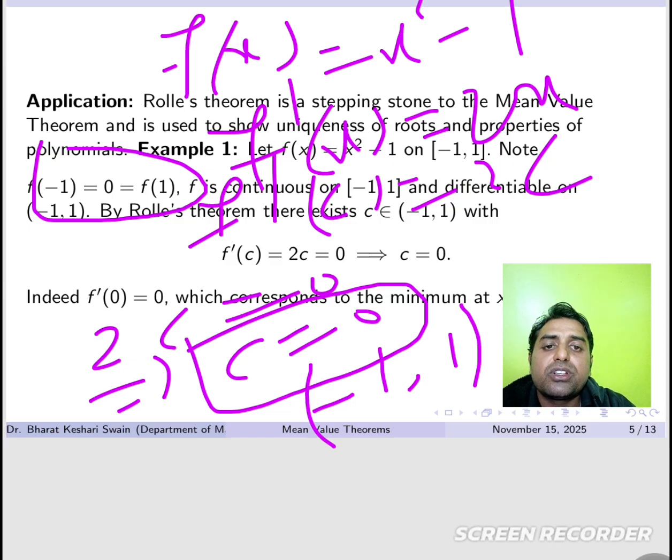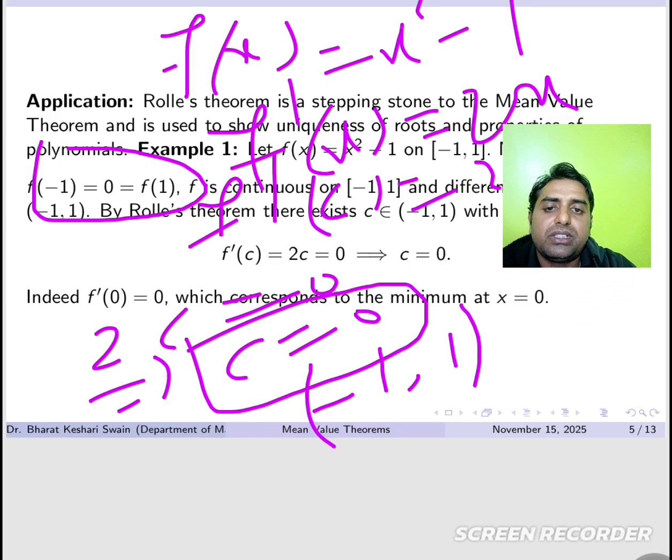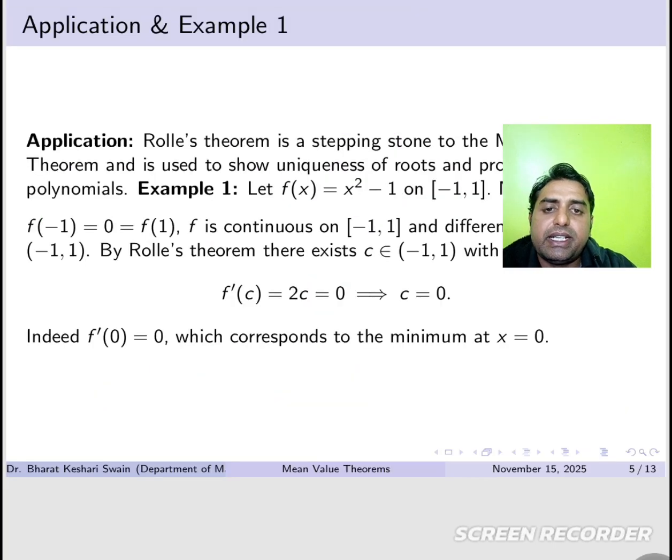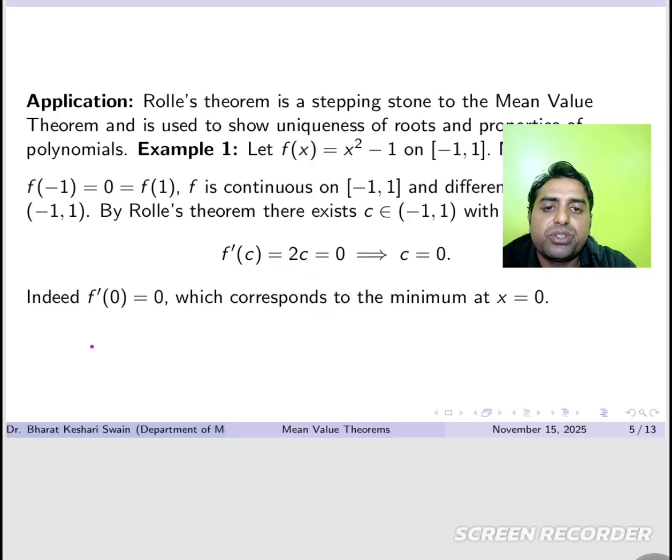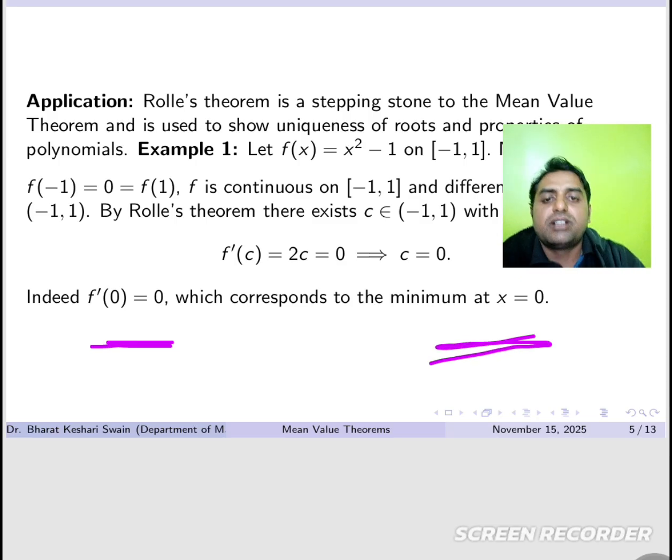And according to Rolle's theorem, what do we say? That at least one c exists in your interval -1 to 1. So your Rolle's theorem is verified. So indeed f dash 0 equals 0, which corresponds to the minimum at x equal to 0, because we know that f dash c equal to 0 gives your extreme point.